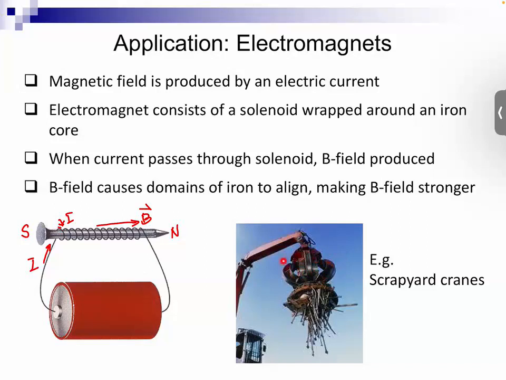And this is just a giant electromagnet that's used in the scrapyard, using exactly the same concept as this electromagnet connected to a battery. So then you have a big magnet that attracts the iron or the metal in the scrapyard.